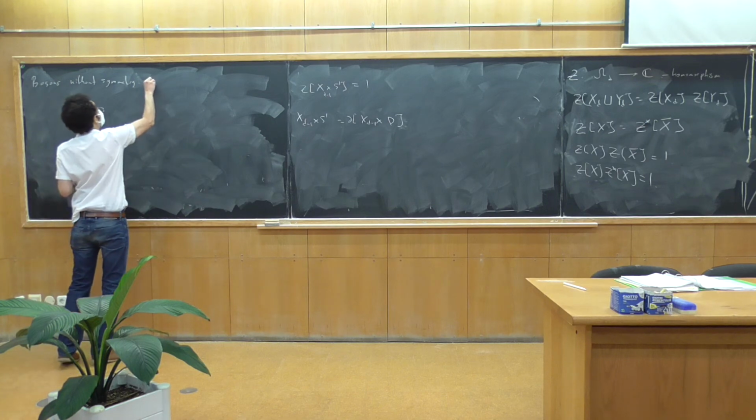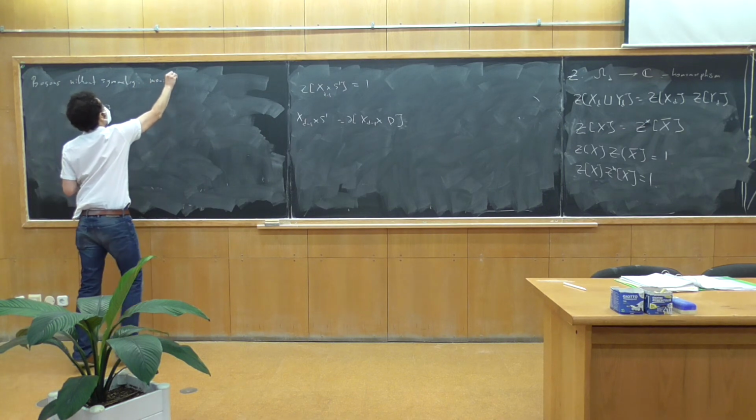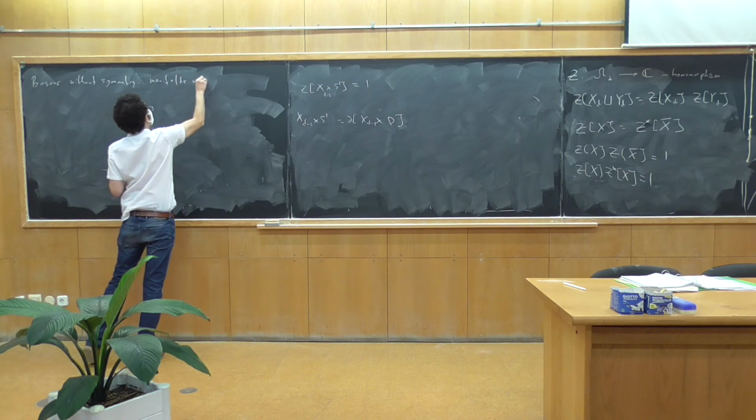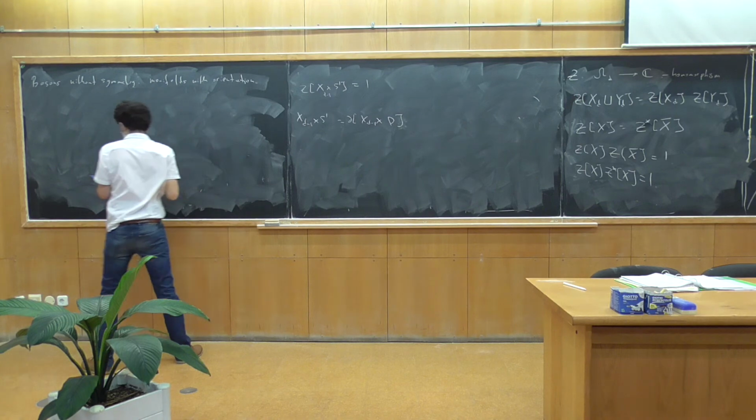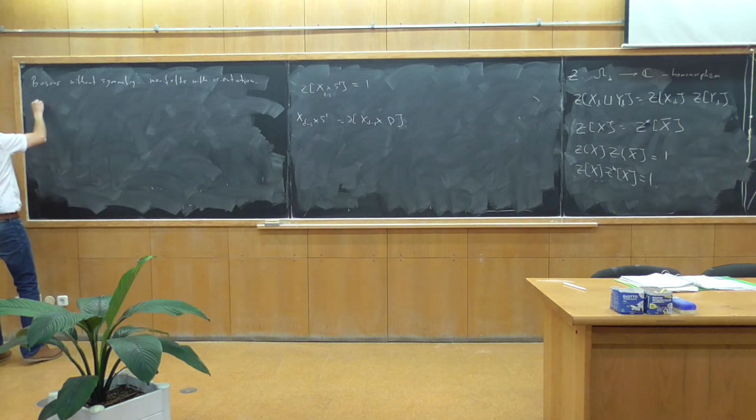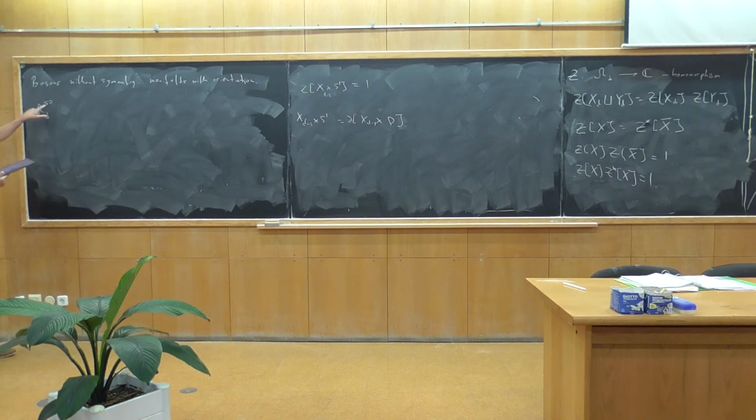So we think about manifolds with orientation, and we think about the bordism group of d-dimensional manifolds with orientation, which is known as Omega_D^SO.